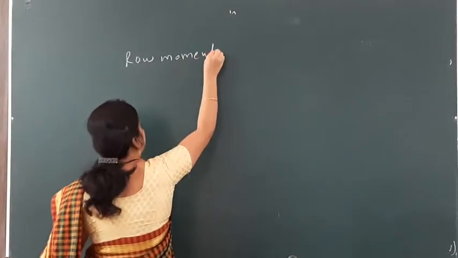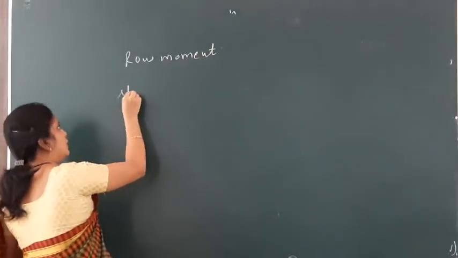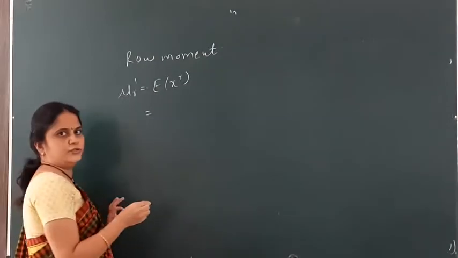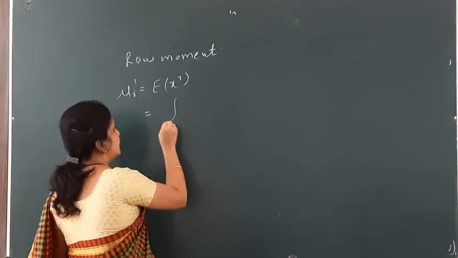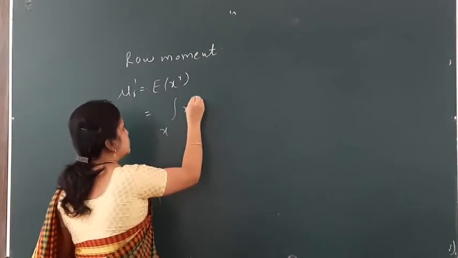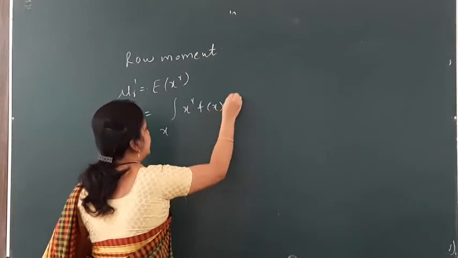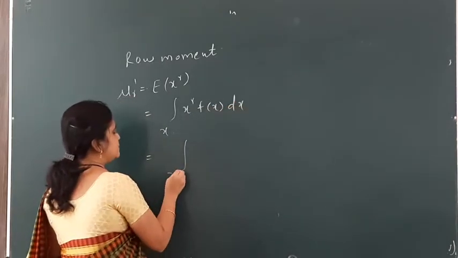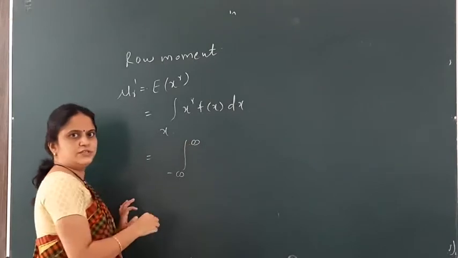So what is the definition of raw moment about origin? Do you remember? Mu r dash is nothing but expectation of x raised to r. So by definition, I can write this as the integration of x raised to r f(x) dx, where the range of x is minus infinity to infinity.